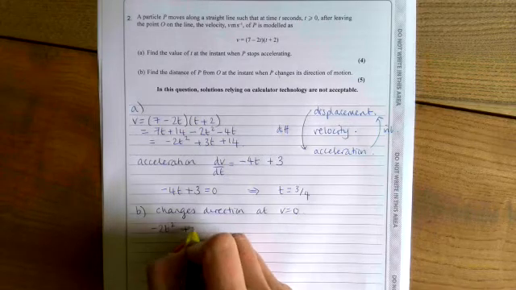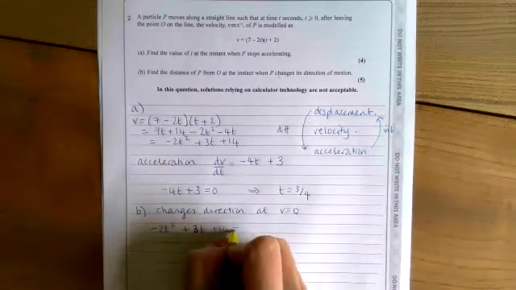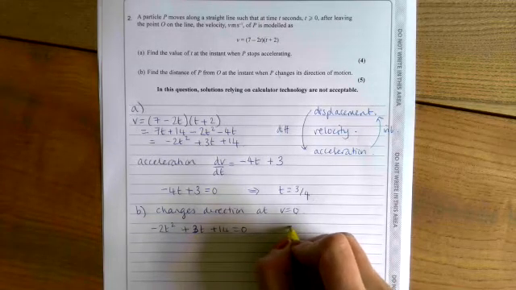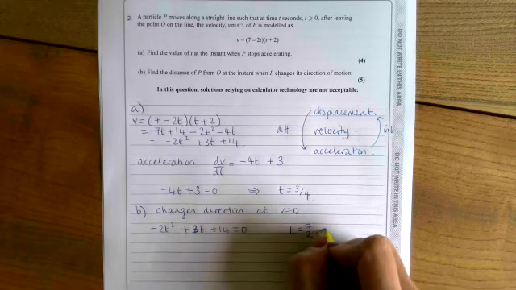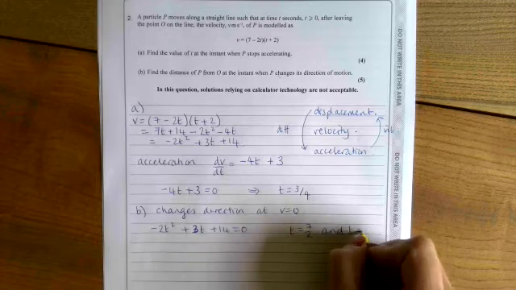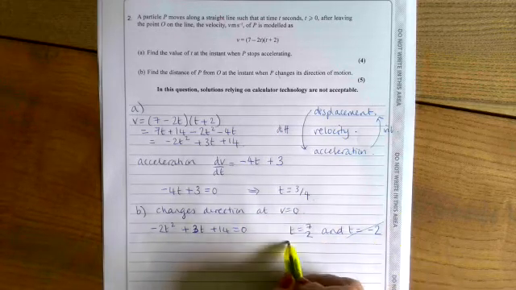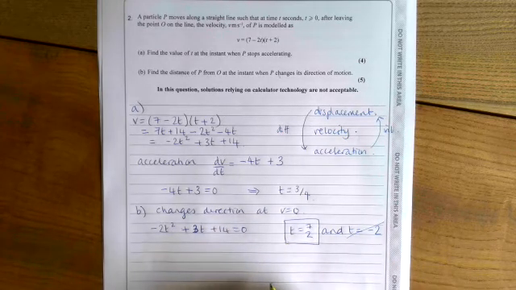So this is our expression for v. And if I solve that, I get that t is equal to 7/2 and t is equal to -2. Now, can't have a negative time, so we're going to be using t is equal to 7/2.